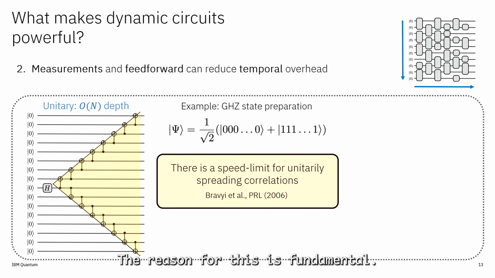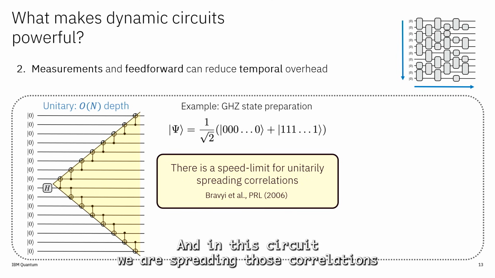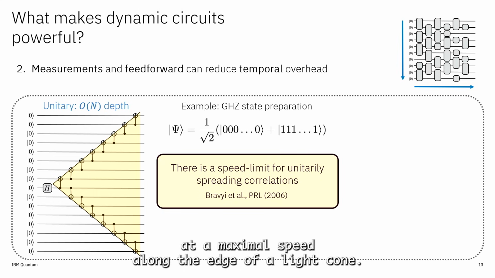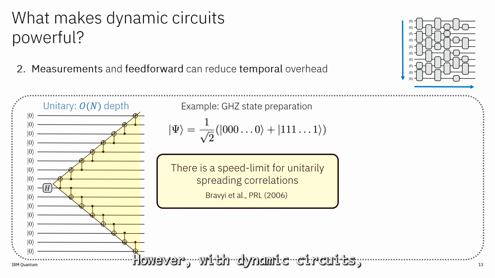The reason for this is fundamental. There is a speed limit for how fast we can unitarily spread correlations. And in this circuit, we are spreading those correlations at maximal speed along the edge of a light cone. However, with dynamic circuits, we can completely break this speed limit.